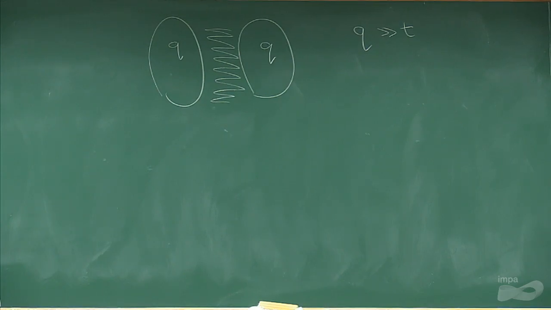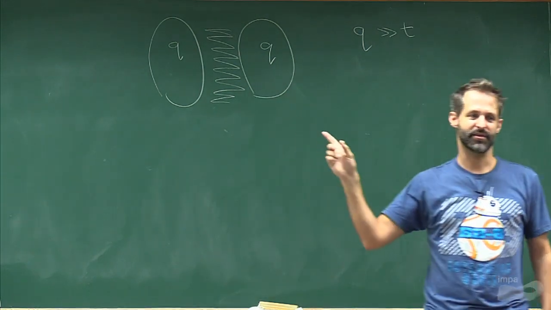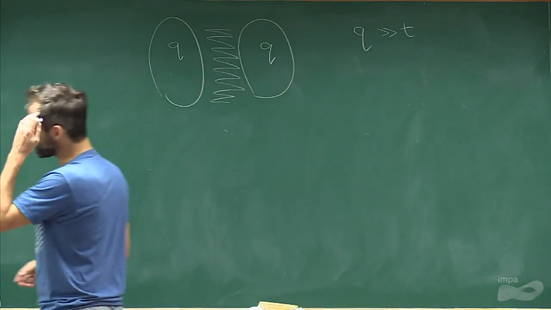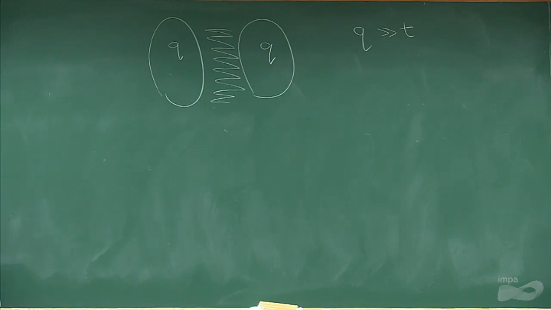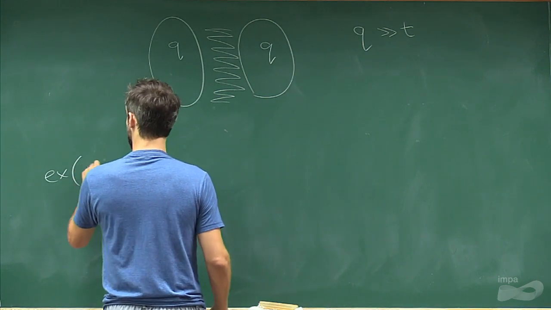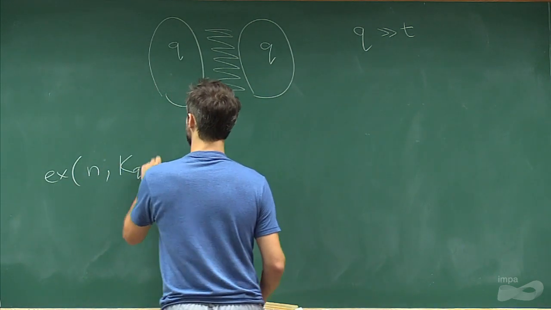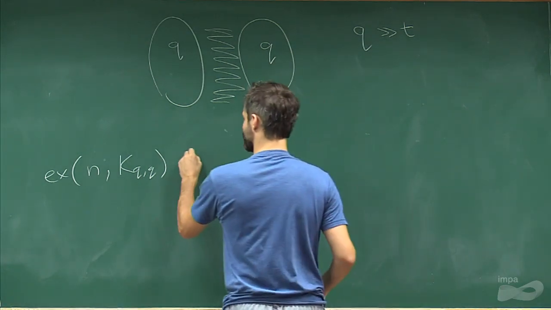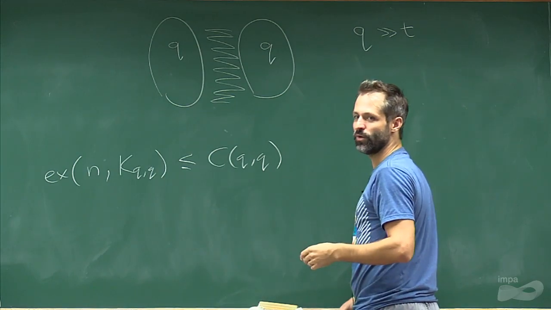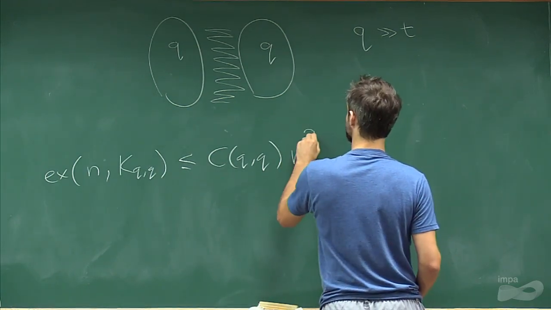So we can find a very large complete bipartite graph inside G. By the theorem we just proved, the extremal number of K_{q,q} is at most c(q) times n to the 2 minus 1 over q.